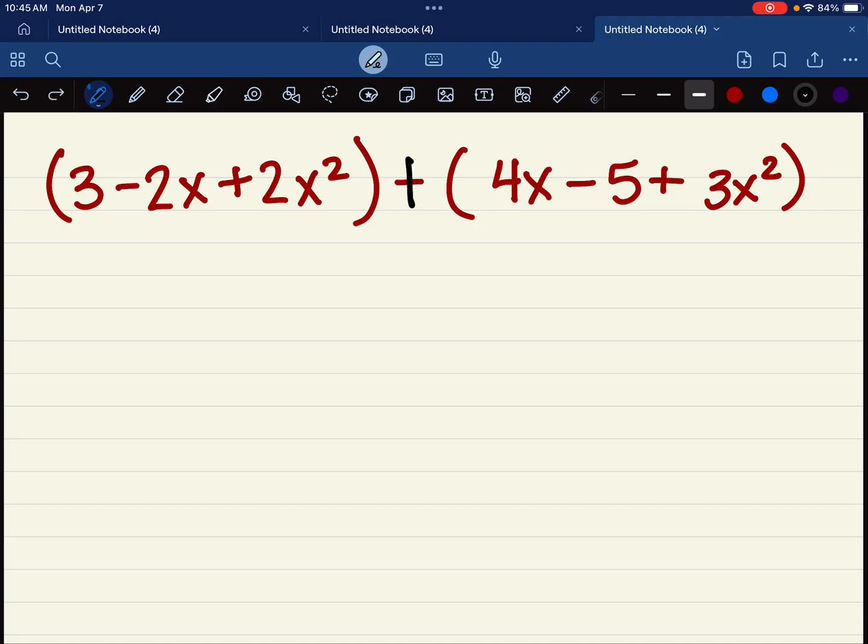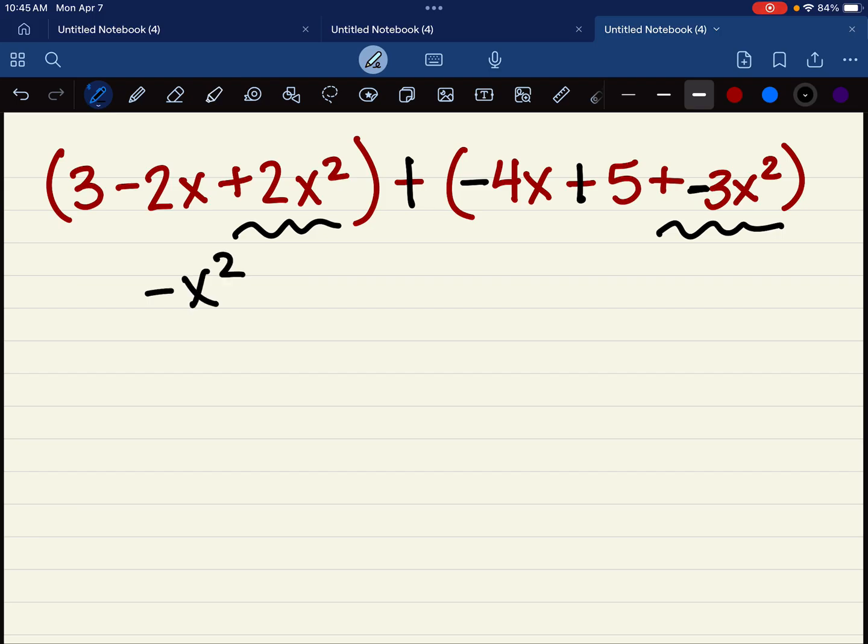So this 4x becomes what? Negative. Negative 5 turns to positive. Positive 3 changes to negative. And then you can just add exactly like we have been, right? Now I can go through and say 2x squared plus negative 3x squared. What's 2 plus negative 3? Negative 1, or just negative x squared.